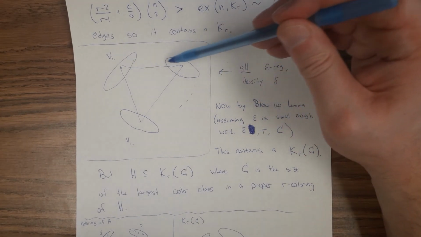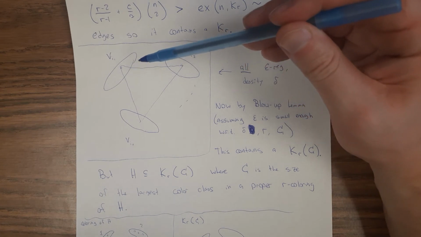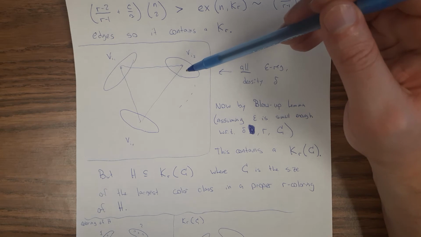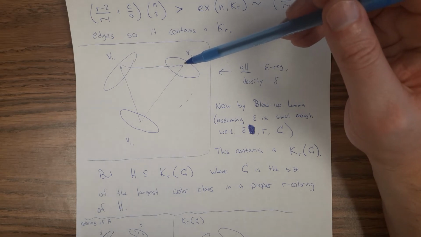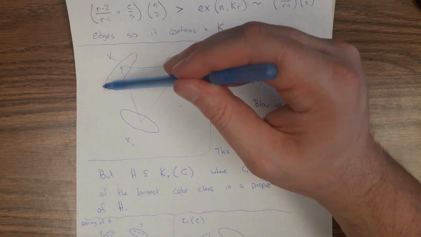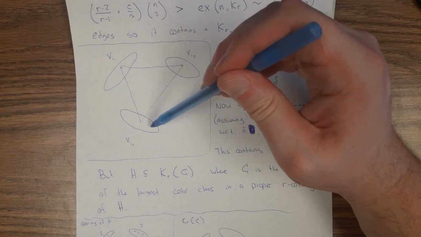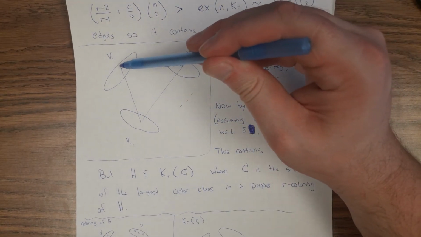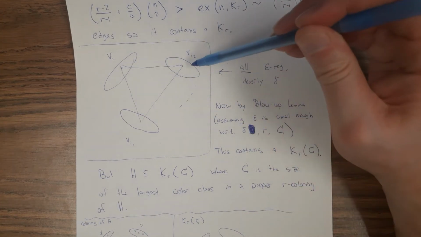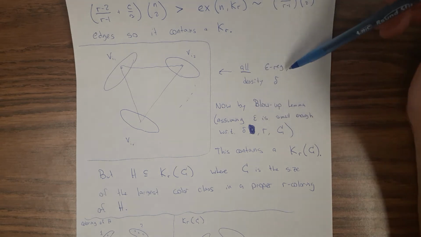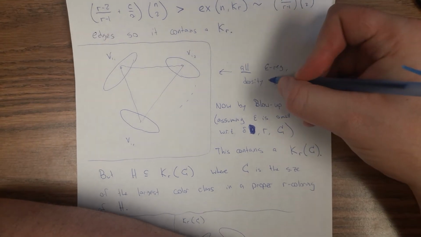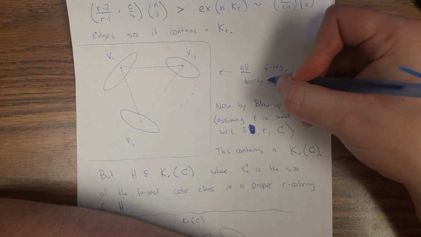The only edges are going in between parts that are epsilon regular, and between parts that have density at least delta. So if there's a K_r remaining, then there have to be r different parts, and this K_r has to consist of one vertex from each part, and all of the pairs of these parts are epsilon regular, and they're all density at least delta.